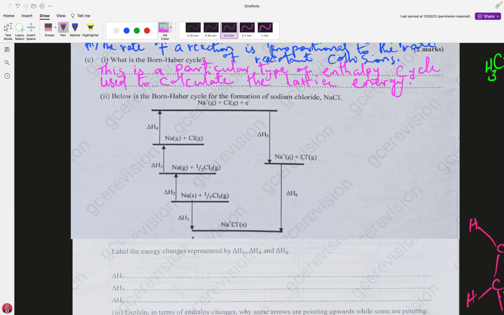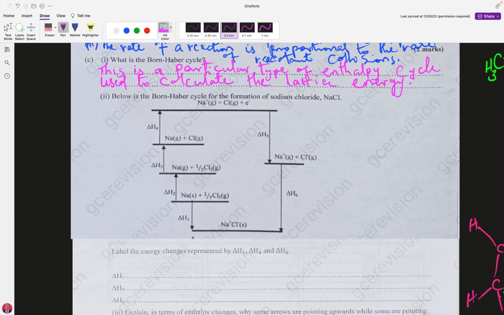Then if we go now to 4, we are preparing sodium to undergo what we call the first ionization energy. In that case, the sodium becomes gaseous, because that occurs only in the gaseous state.